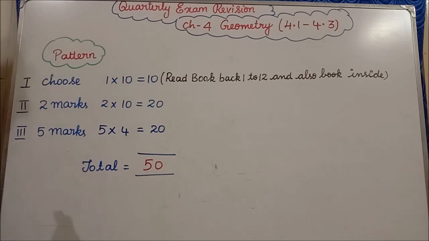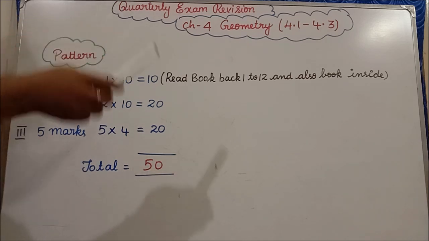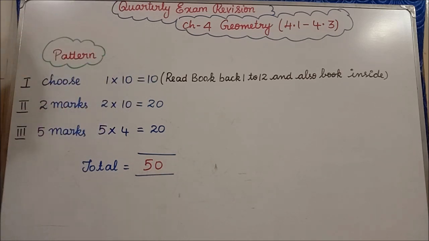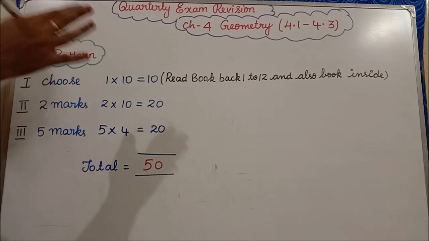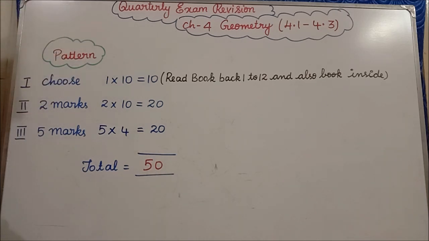From the book back, choose 1 to 12 you are going to learn, and 13, 14, 15. The remaining 4 choose you need not read, since that is the exercise 4.4 portion. So from 1 to 12 you are going to read the choose from your book back in chapter 4 geometry.